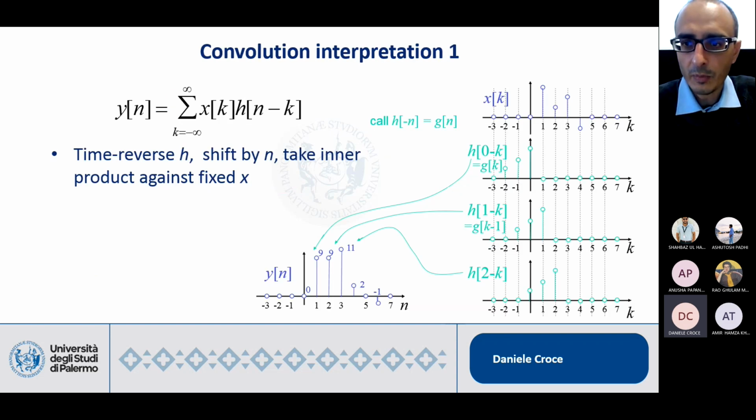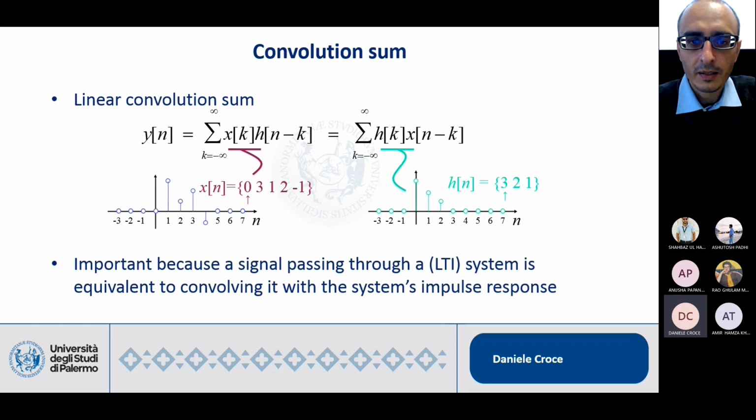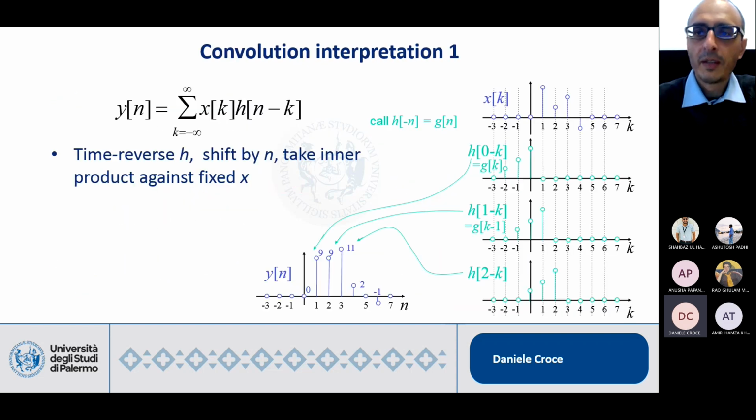So you should obtain 1 again. You have 1 times 3 for the first, plus the second that overlaps, which is 3 times 2, and this is 6, so then you have 9, and so on.